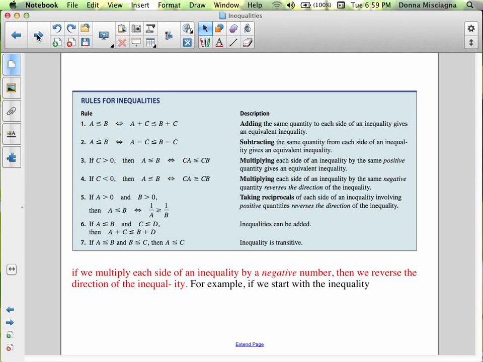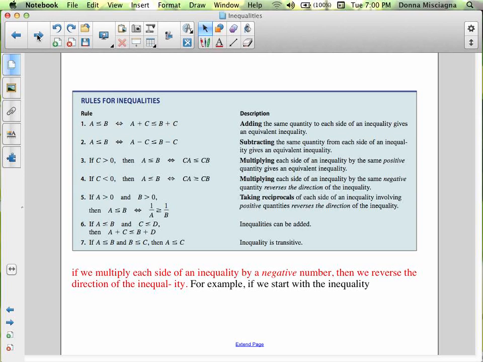Where it gets to be different is when we multiply an inequality, and specifically by a negative number. So multiplying each side of an inequality by the same positive quantity gives an equivalent inequality. Just like when you're solving an equation and say you've got 1/2 on your variable and you want to get rid of that 1/2, you multiply both sides by 2.